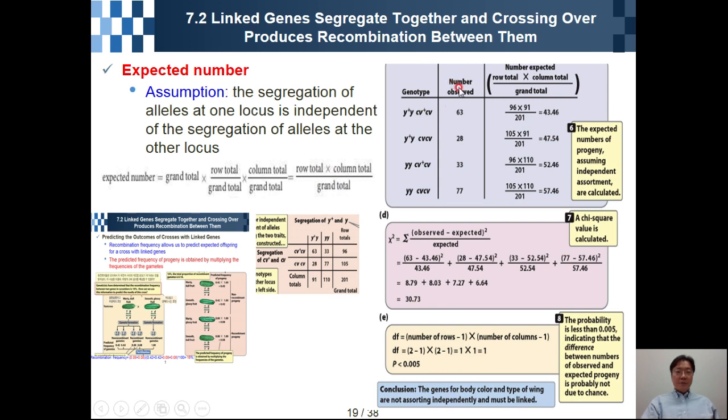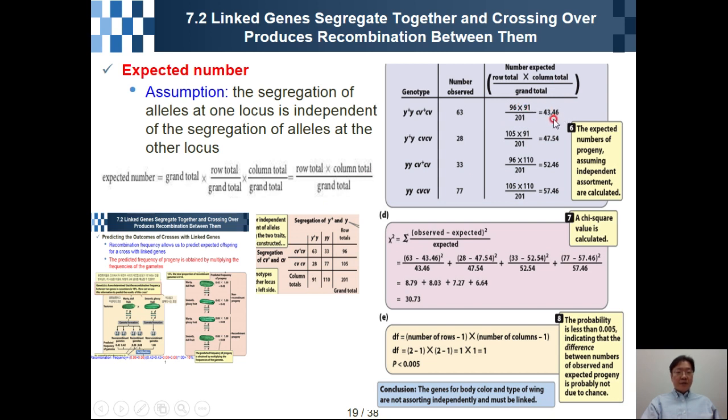Okay, so first we have to calculate the expected number. This is the number observed: 63 and 28, 33 and 77. And also we have to calculate the number expected. For y plus y and cb plus cb, the grand total is 201, the row total is 96, and the column total is 91.